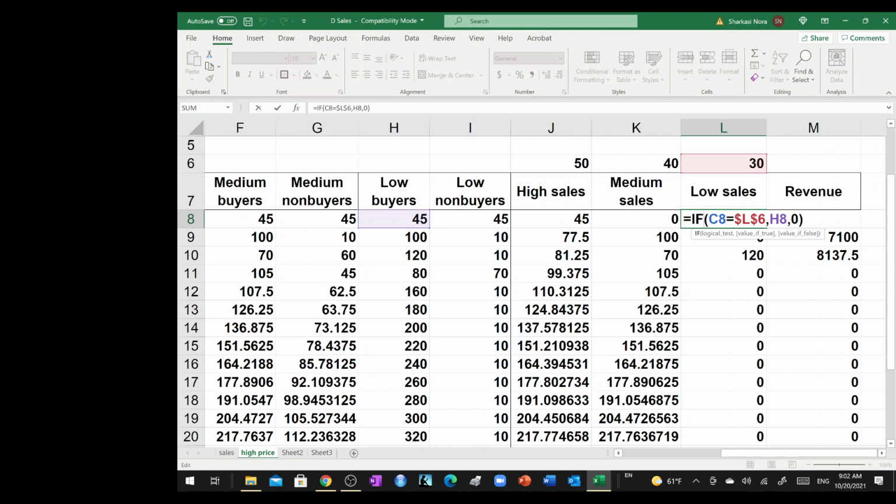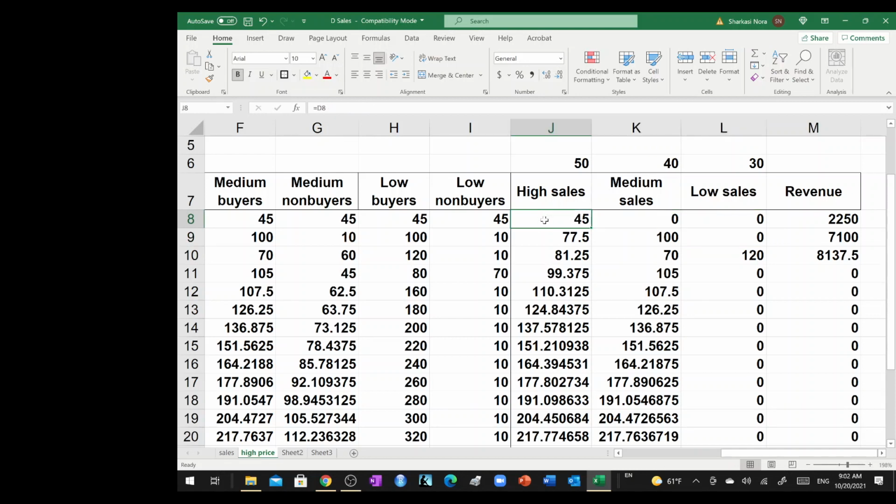So why write less than or equal when you know for sure there is no price that is less than 30? So you just say if the price is equal to 30, which is the minimum price possible in the system, as the system has been programmed this way, then they are buyers, else they are not buyers. Then give me the number of people here, which are the 45 people, otherwise give me 0. And this is why we have 2 zeros over here.